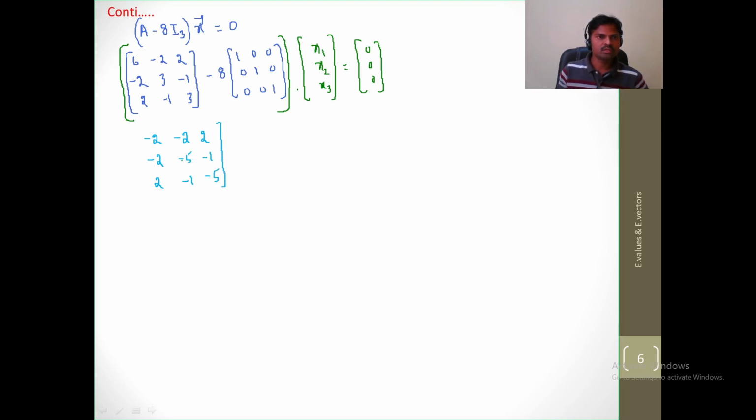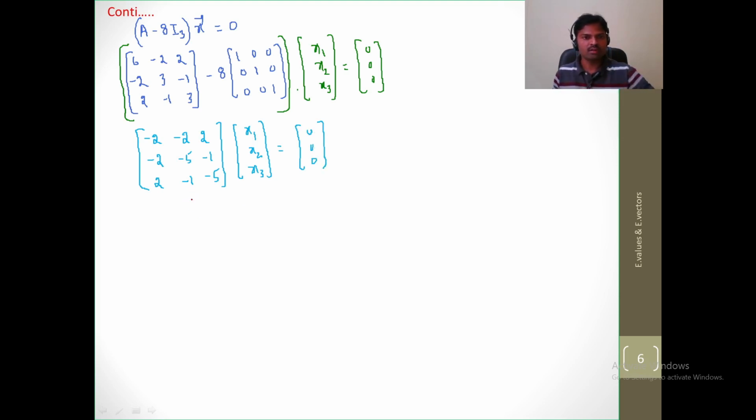This is A minus 8 times the third order identity matrix, into x1, x2, x3, equivalent to the null matrix of order 3 by 1. Again same story, this is a system of linear equations: this is the coefficient matrix, this is the variable matrix X, and this is the constant matrix C. So this is a matrix representation of the given system of linear equations.